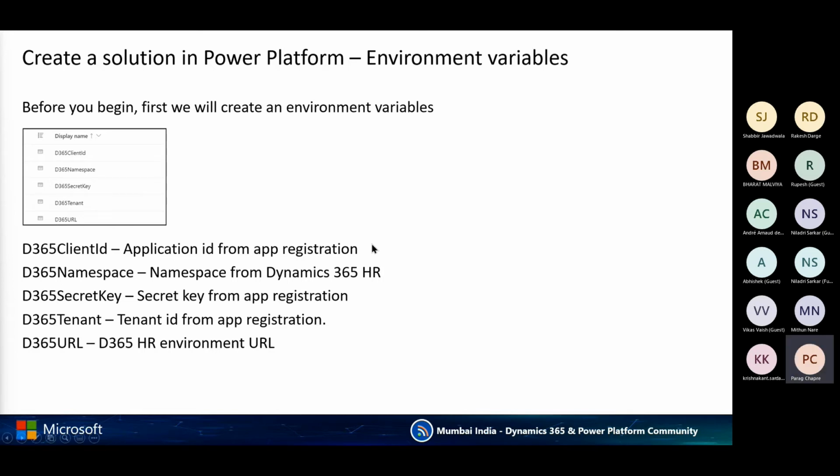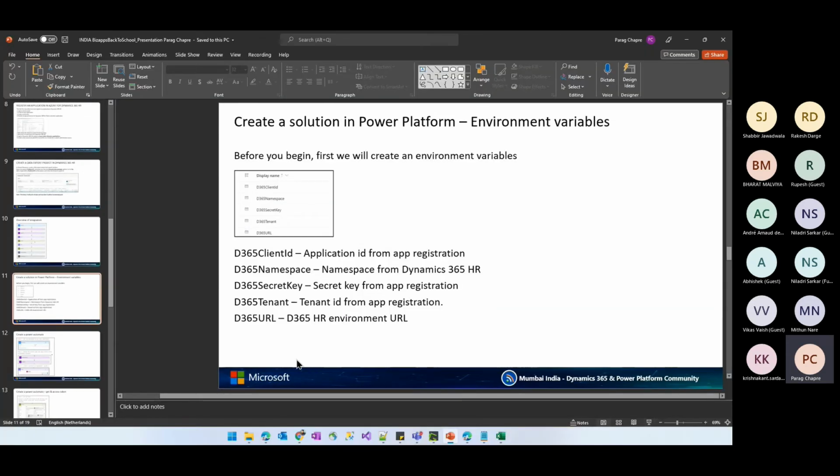And when we register the application for HR, then we have the client ID, the secret ID, and the tenant. So we have to use these fields in the Power Automate solution. And the namespace and the URL, we can get from the Dynamics HR application.